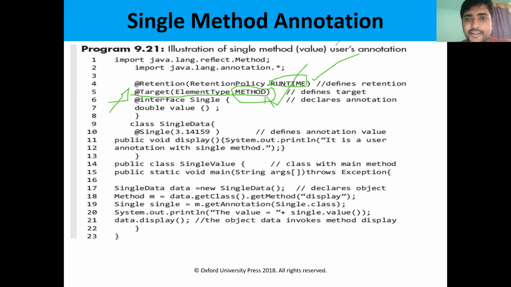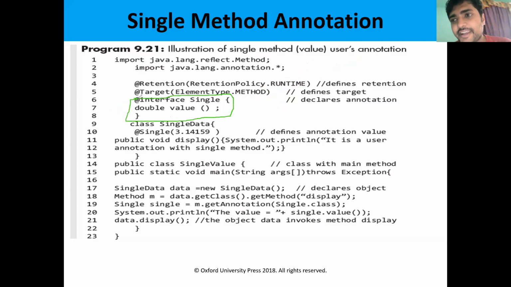And then I am defining here the interface, not interface, annotation. So this is the definition of the user defined annotation. Here I am defining an annotation. Annotation can be defined by using the interfaces. @interface, annotation name Single.